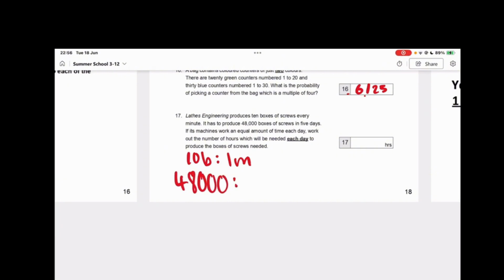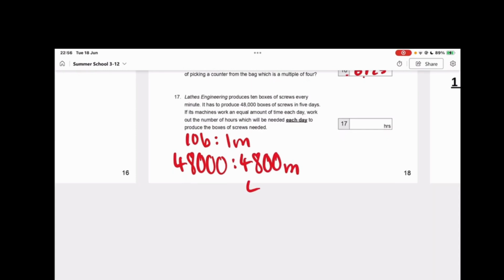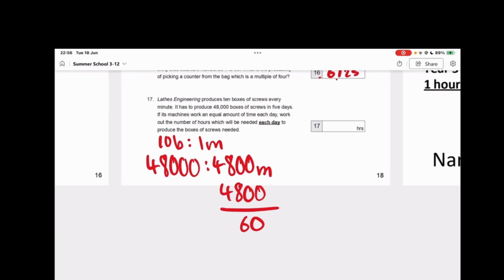Okay, so first we can find the scale. It's like doing 10 multiplied by 4,800. So it will take 4,800 minutes. Then what we need to do is take 4,800 minutes and divide it by 60, because it's looking at how many hours will need to be worked each day within the 5 days. Okay, no. So now what we need to do is divide by 5 first.